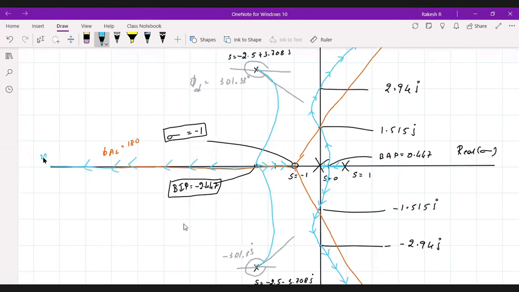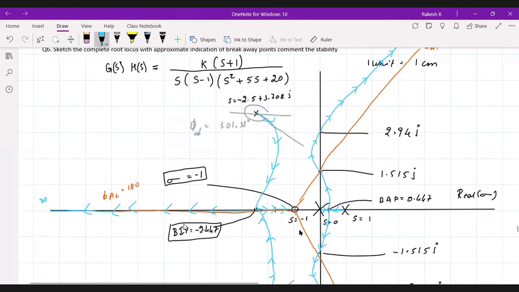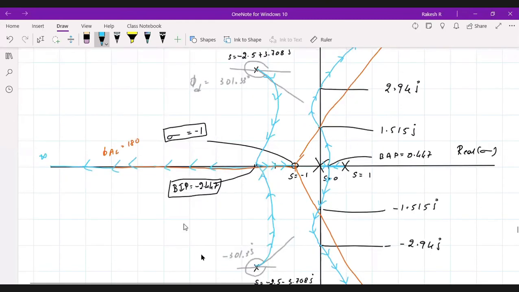This is going to infinity. Yes, this is how you need to draw the root locus, right? This is the 5D value here, minus 301.33.